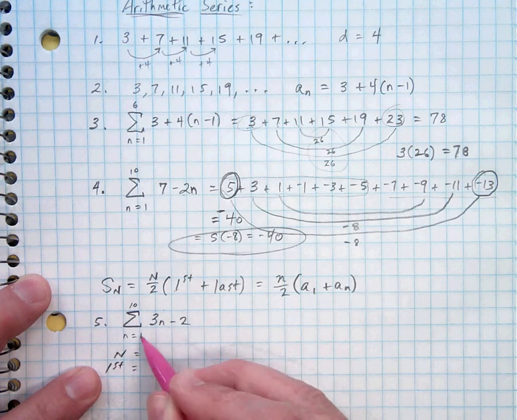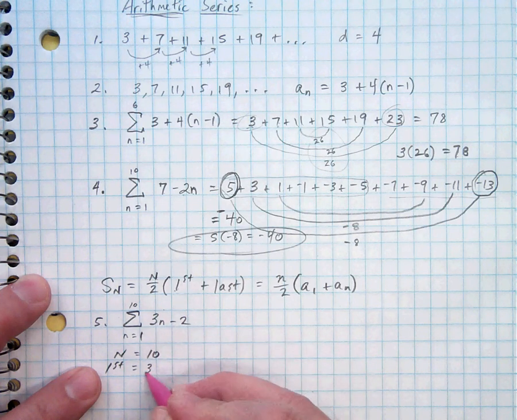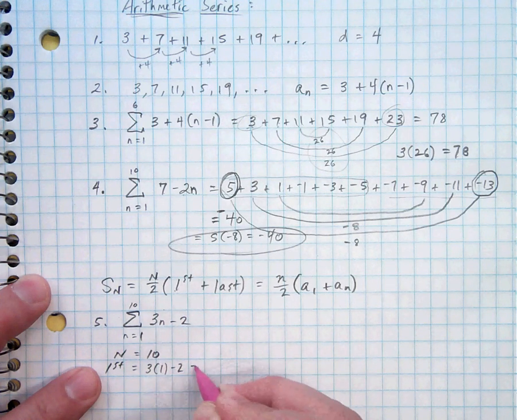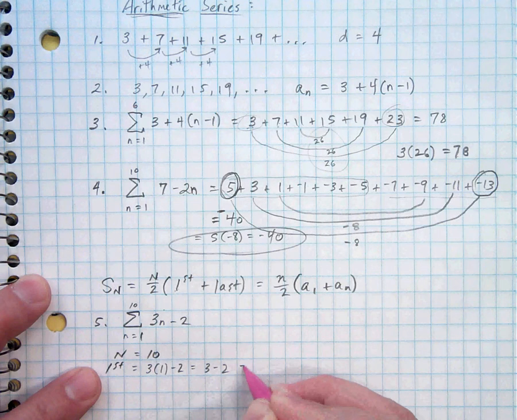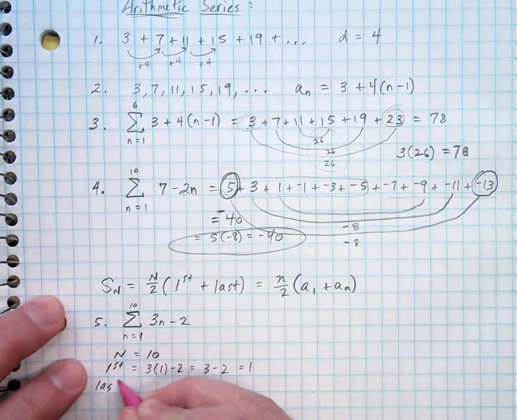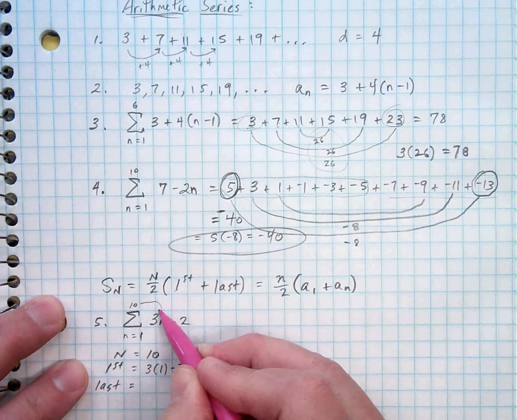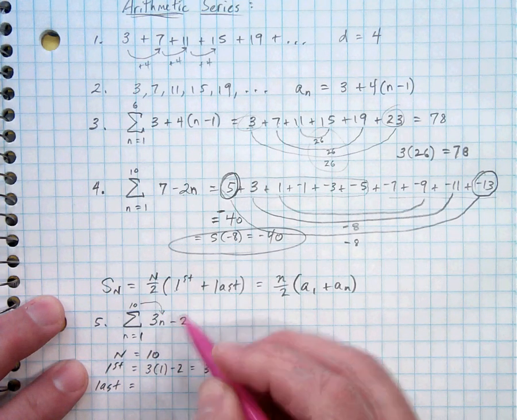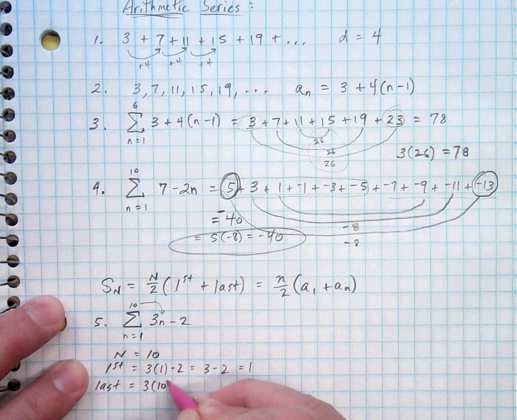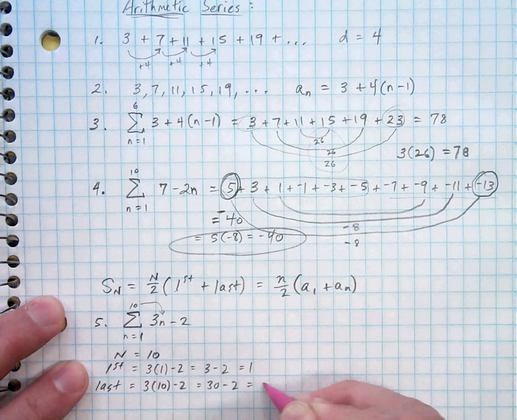I find that by plugging in 1: 3 times 1 minus 2, which is 3 minus 2, which is 1. So the first number is 1. And then I need the last number, which you find by plugging in 10: 3 times 10 minus 2, which is 30 minus 2, which is 28.